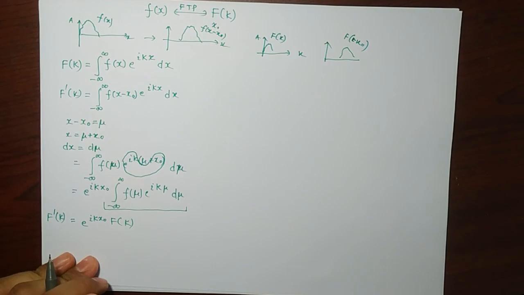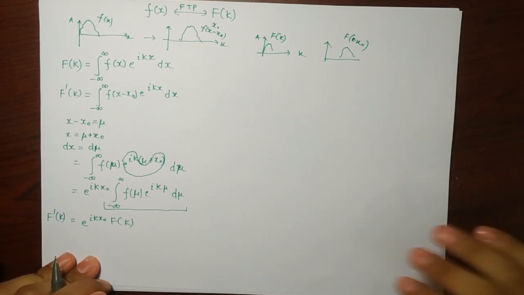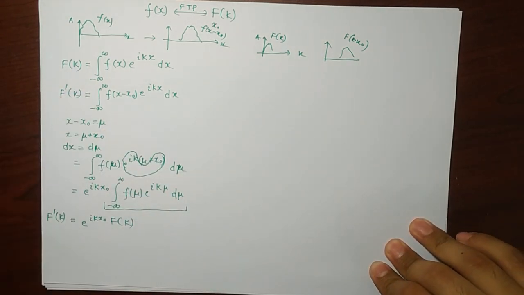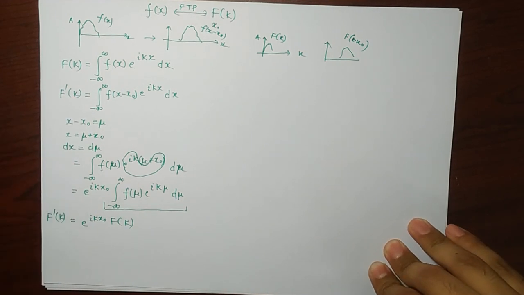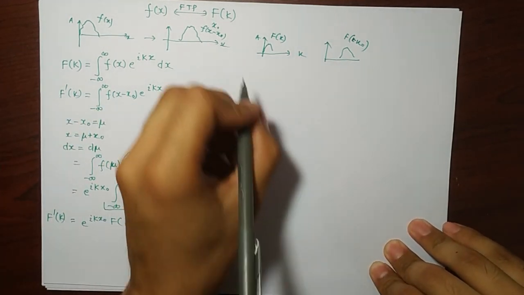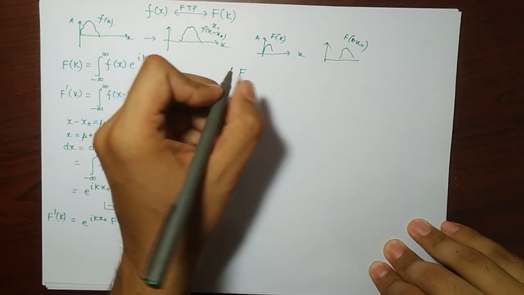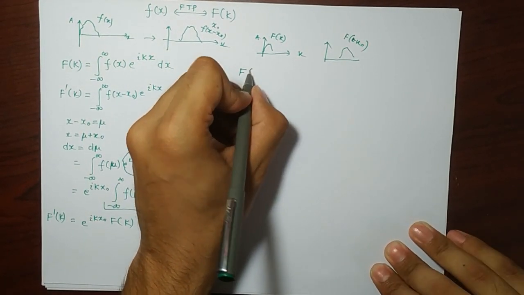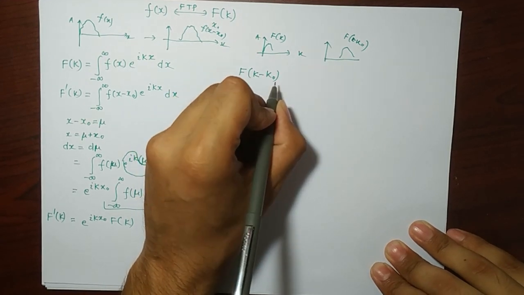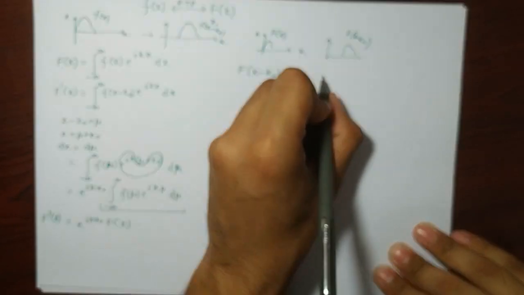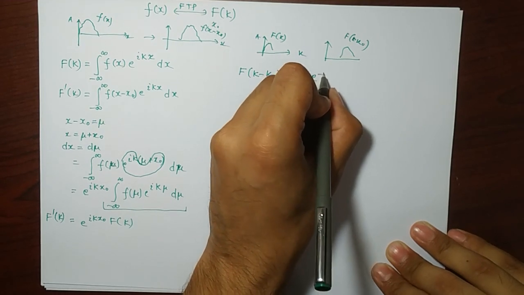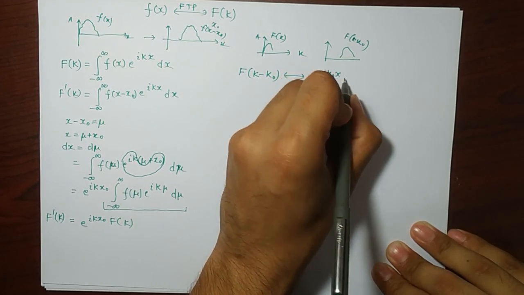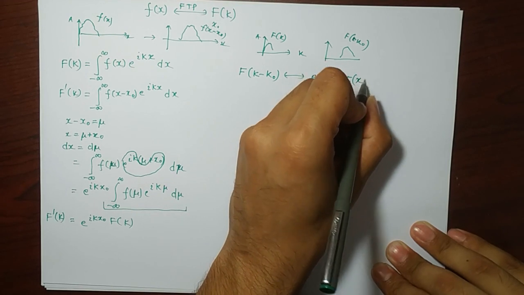So you can apply the same formulas, and this time you do all the mathematics using the inverse Fourier transform formula. What you will get is the Fourier transform pair e to the power i k naught x times f of x.